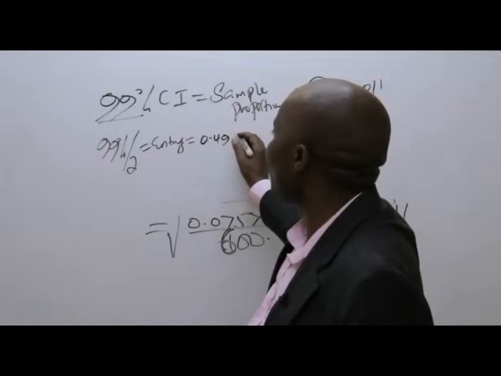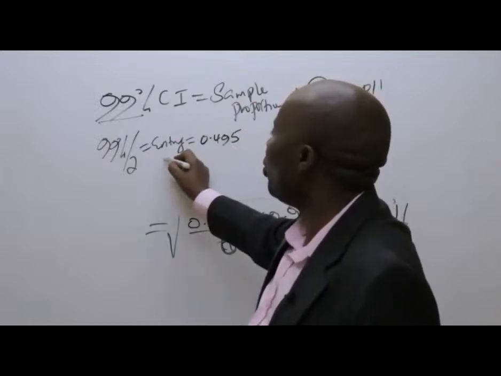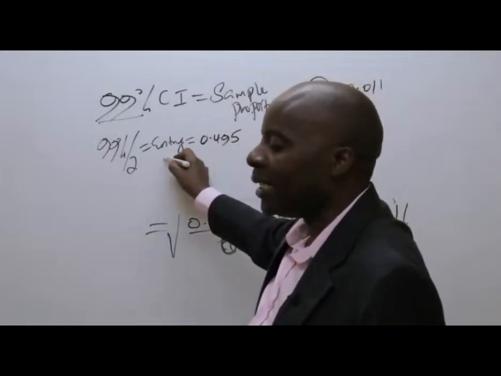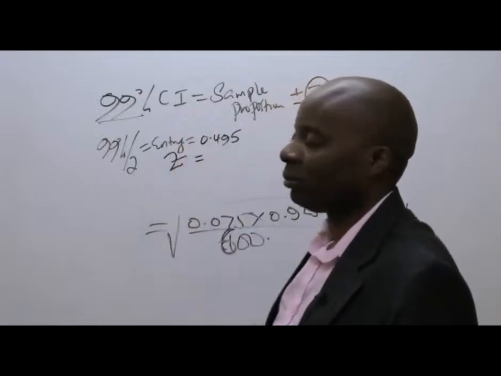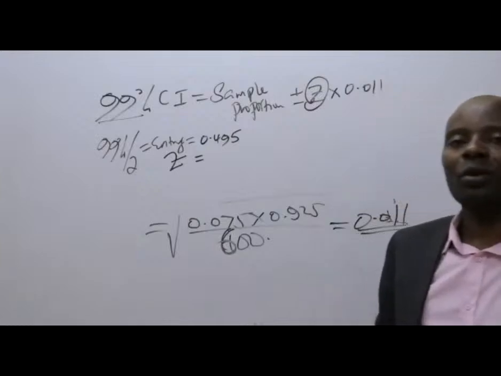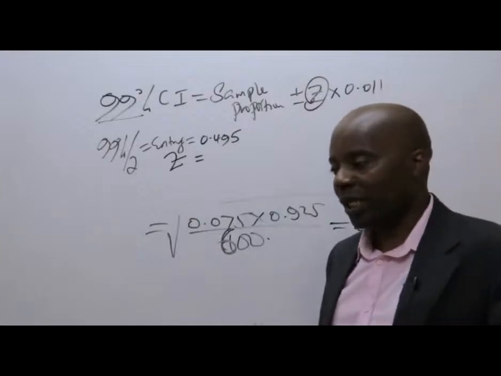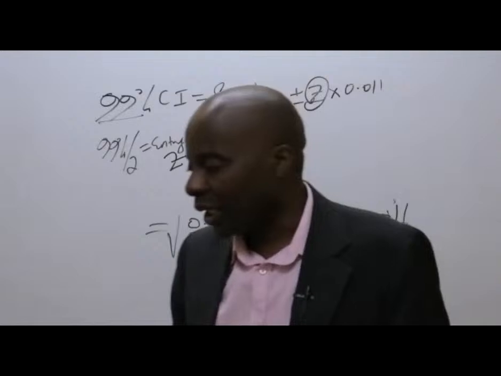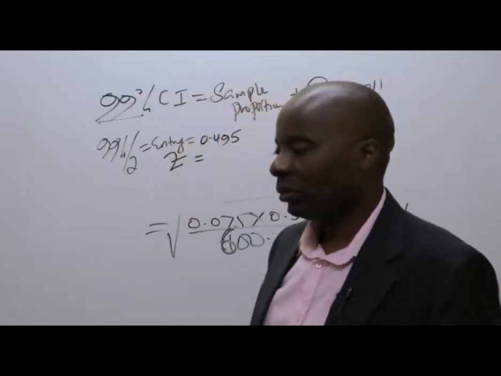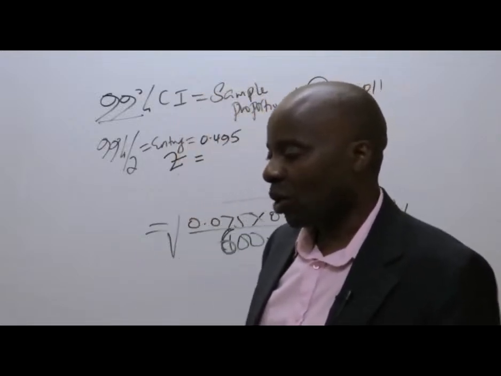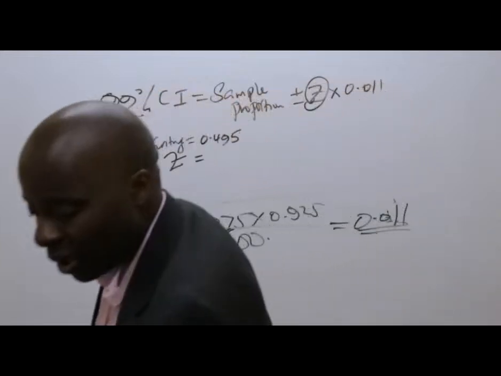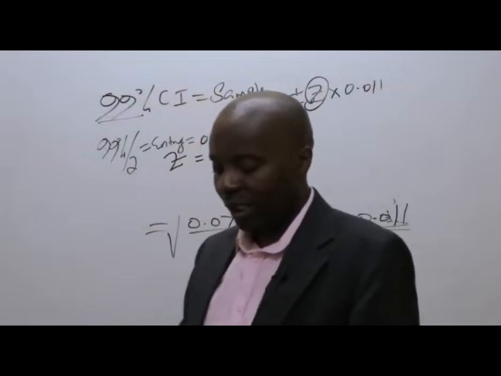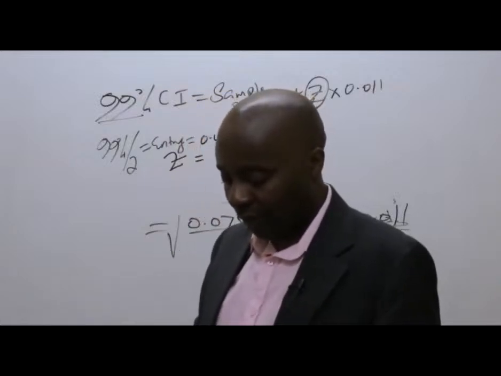Once I have this 0.495, I would want you to go to your Z tables and read for us the corresponding Z score.